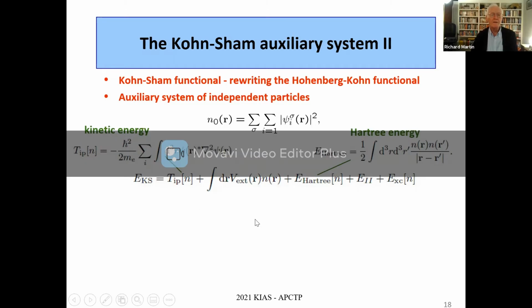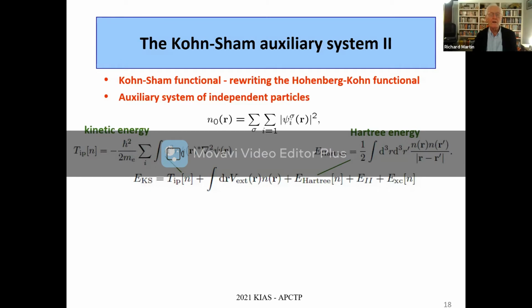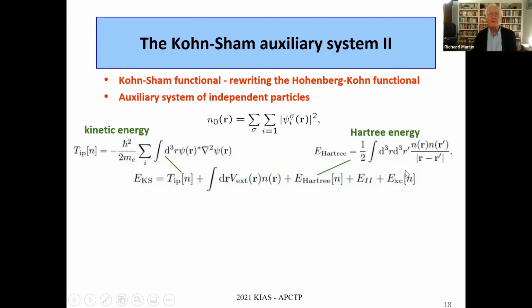The effect of the external potential is exactly the same because that only depends upon the density. The other terms are broken up into a Hartree term, that means just the Coulomb energy as if the electrons formed just a uniform charge density, and this would be its interaction with itself. And everything else is lumped into this exchange correlation term that includes all the many-body interesting difficult effects.